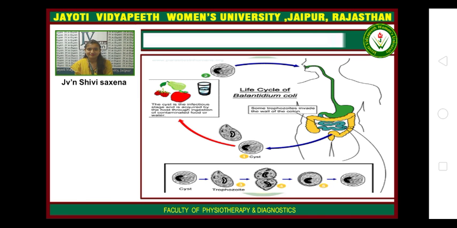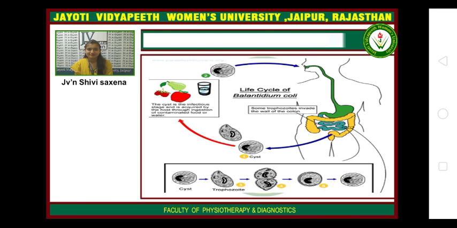and from human carriers. Once the cyst is ingested, excystation occurs in the small intestine. From each cyst, a single trophozoite is produced, which migrates to the large intestine, and the liberated trophozoites multiply in the large intestine by transverse binary fission.